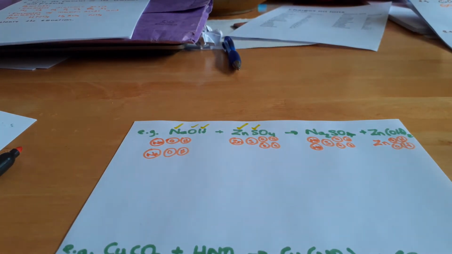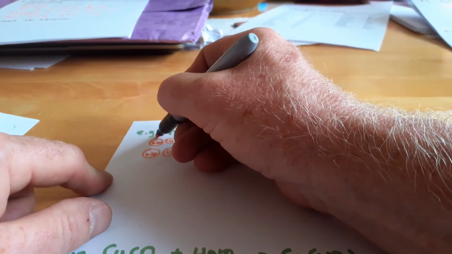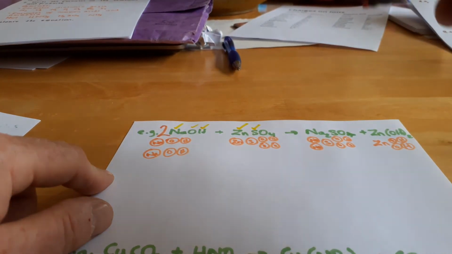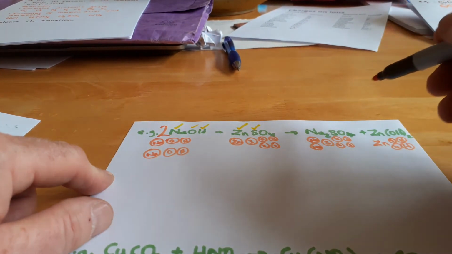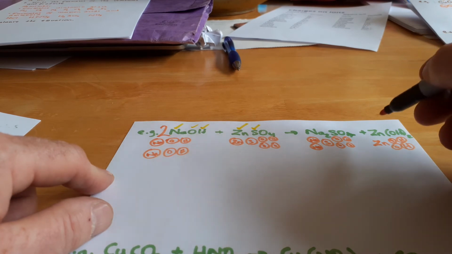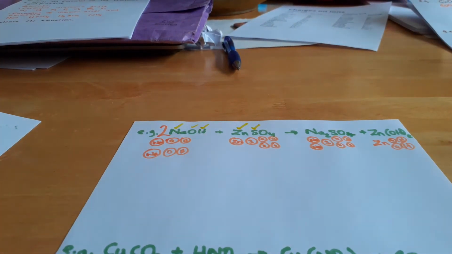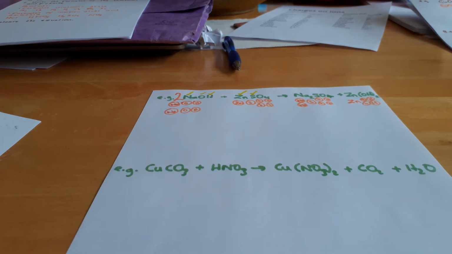So the balanced one will be, we have 2 lots of sodium hydroxide, 1 molecule of zinc sulfate, 1 molecule of sodium sulfate, and 1 molecule of zinc hydroxide. As you can see, everything is balanced now. You'll notice these are getting slightly harder as we go along.